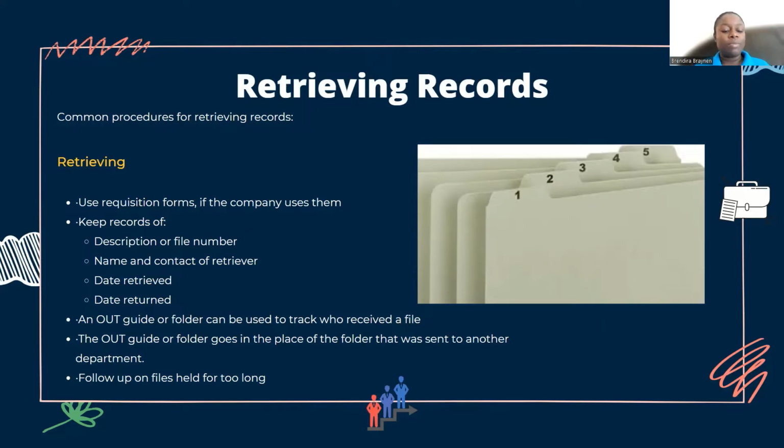Of course, we talked in the previous video about an out guide. An out guide is just going to be a thick piece of paper or a piece of cardboard that we normally put in its place. Think about a library card. Library cards are these thick cards that are usually slotted into the book.